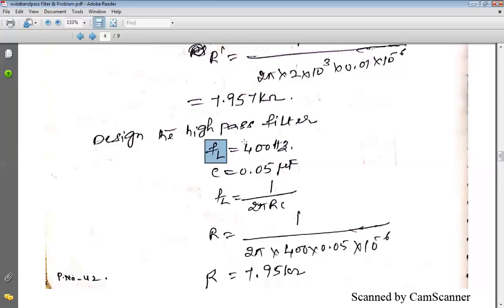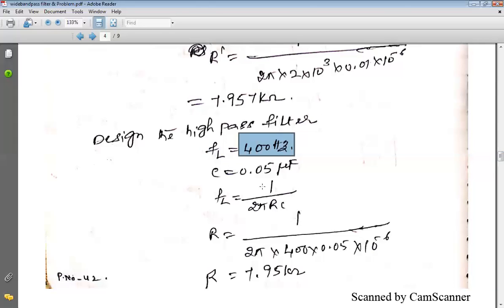From 0 Hz to 400 Hz it will not pass any frequency signals, and from 400 Hz onwards the high pass filter will pass the signal. Therefore, I am assuming the C value is 0.05 microfarads.